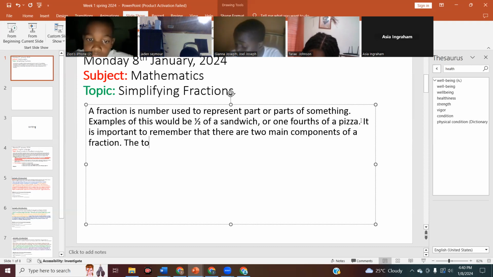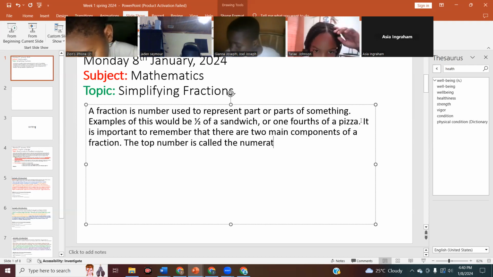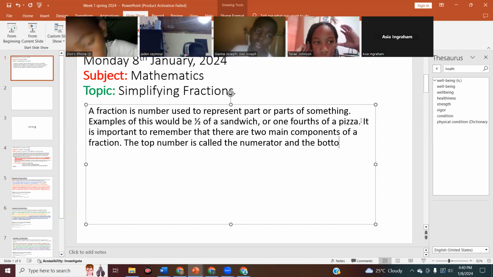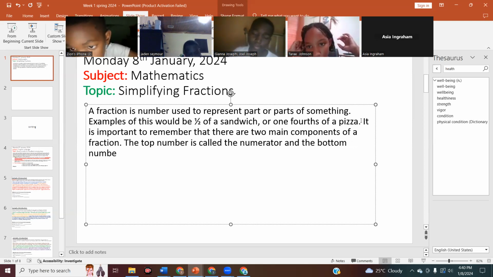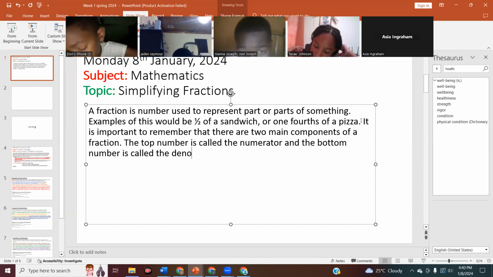The top number is called the numerator, and the bottom number is called the denominator.